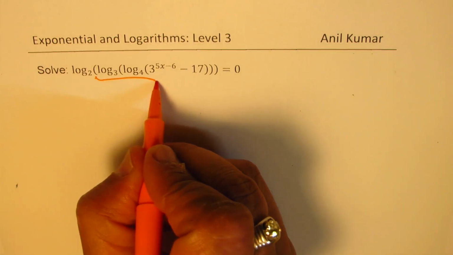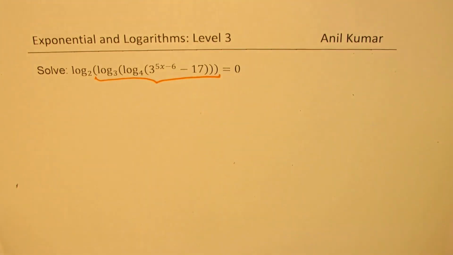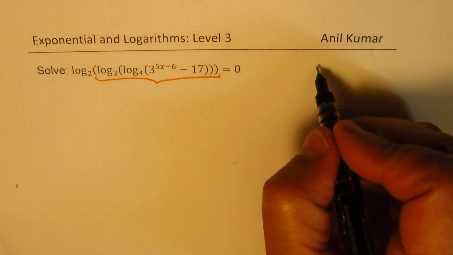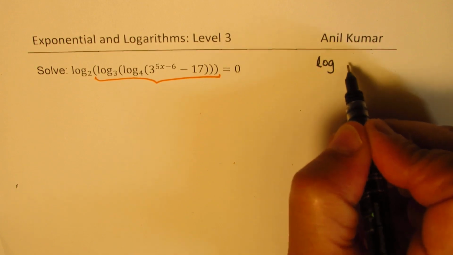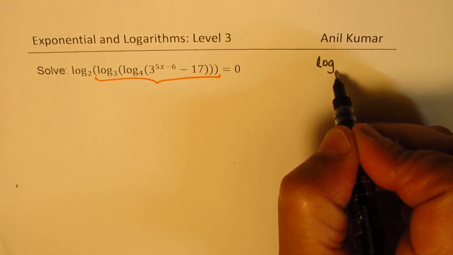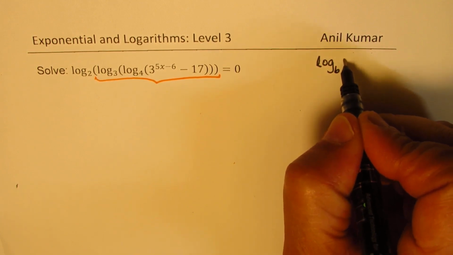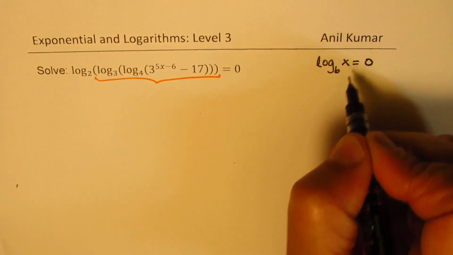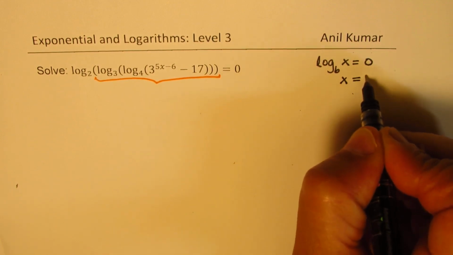It means that all this should be equal to 1, right? Since we know that log of anything, any base b of x equals 0 means x equals 1, right?